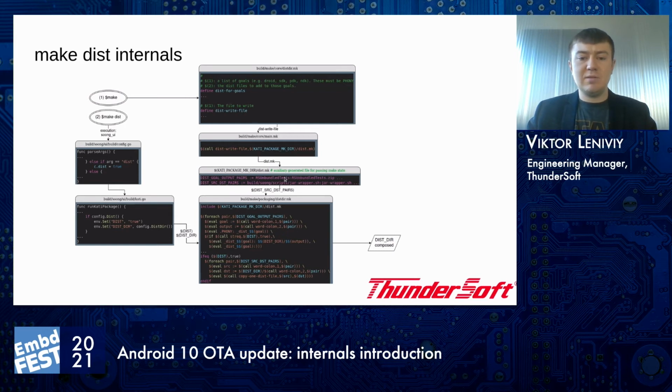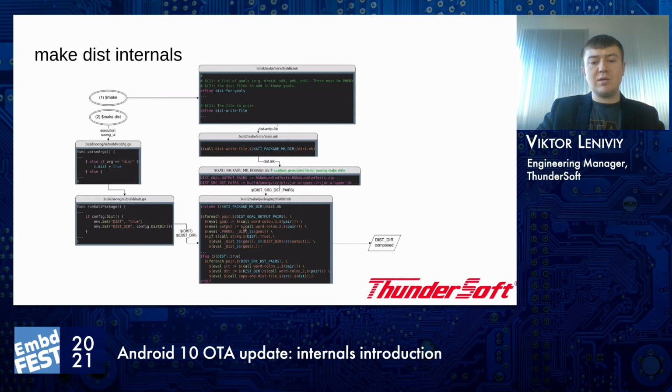Then you have this file, and if you run make dist, it executes Soong UI, not make. And inside this one, if the argument was dist, then the environment variable dist is passed to all makefiles, and it gets to this specific makefile responsible for this dir generation.